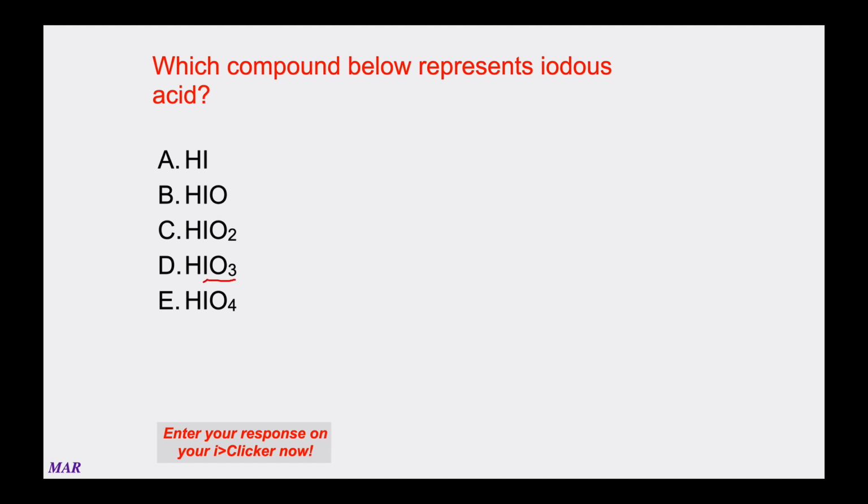So if we were talking about polyatomic ions, IO3- is iodate. IO2- in C would be iodite. In B, you have IO-1, that's hypoiodite. And on E, you have IO4-, that's the periodate ion.